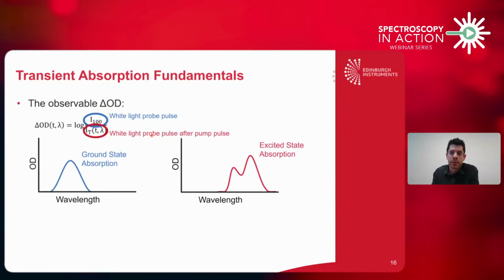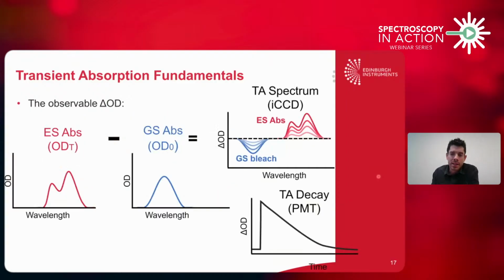The denominator is the absorption of the excited state that is obtained when both pump and probe pass through the sample. And the delta OD is simply a subtraction of the probe-only absorption from the pump probe absorption.